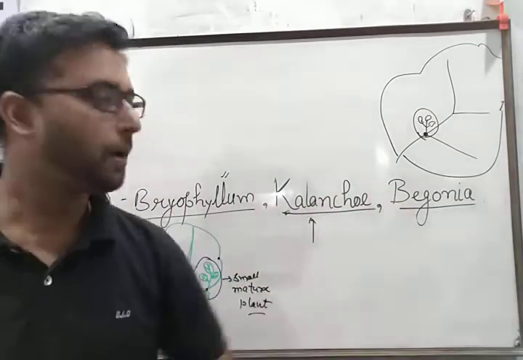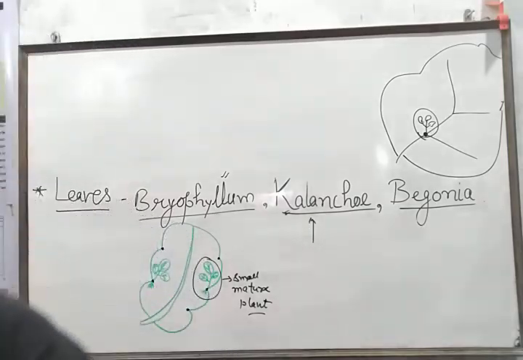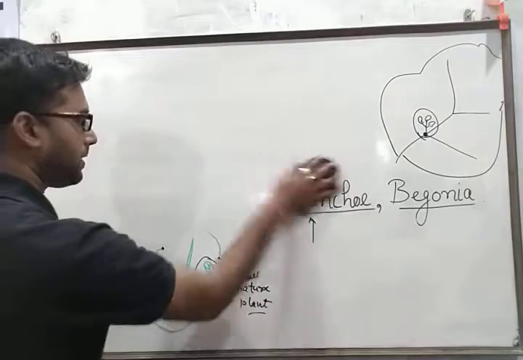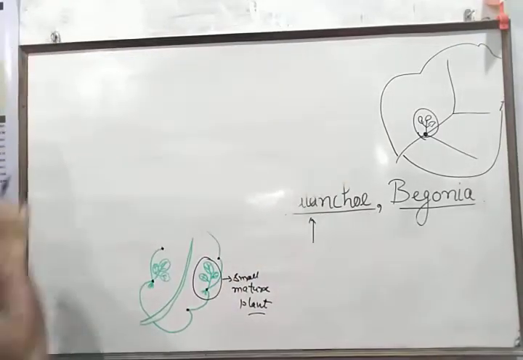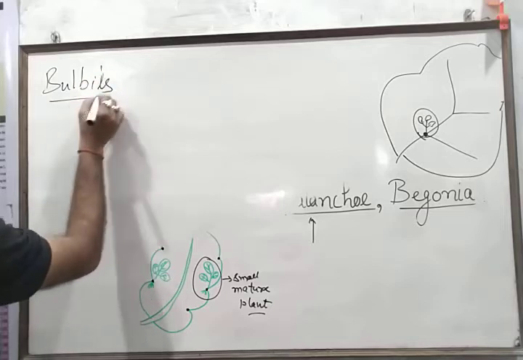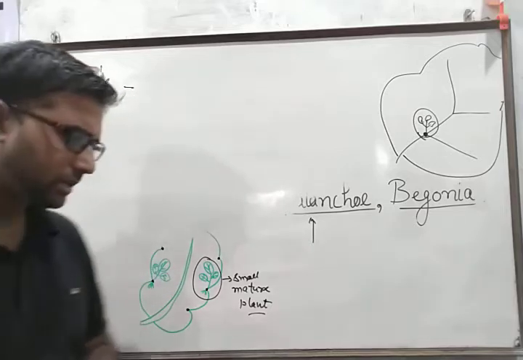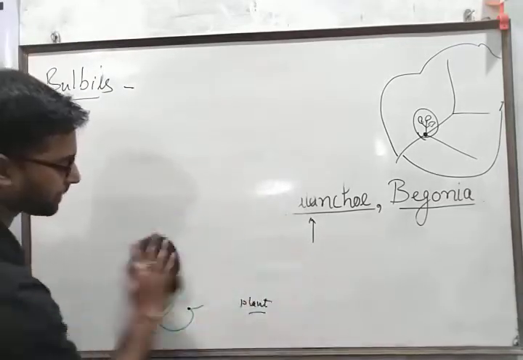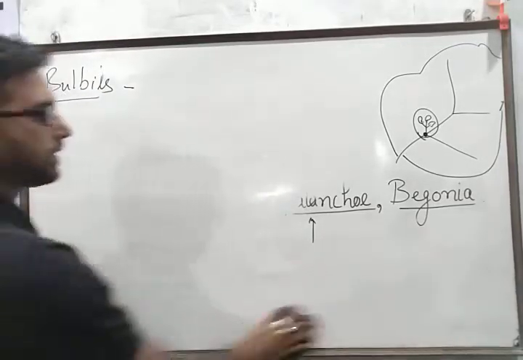Natural vegetative propagation. The next and the last one is propagation by bulbils. Bulbils are specific structures which are present in some plants like agave.